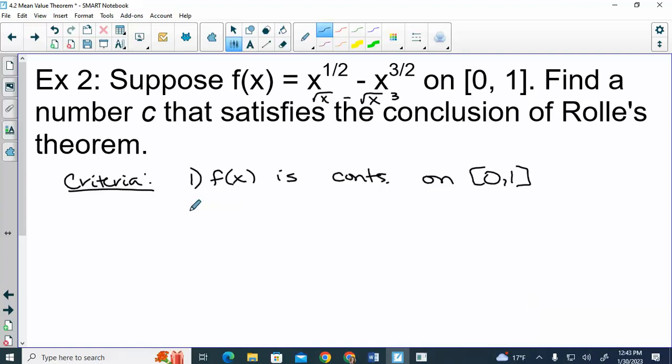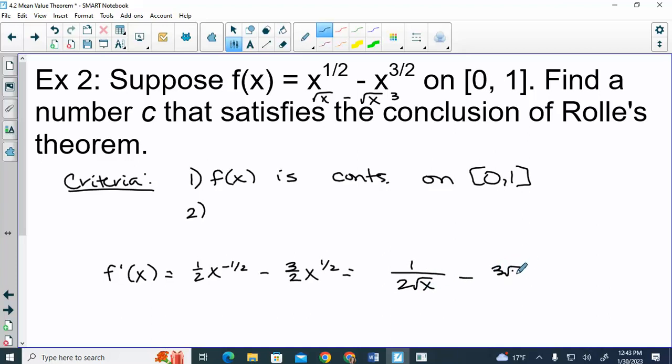Second thing, it has to be differentiable. So let's find that derivative and make sure it works. The derivative of this function would be what? This is like saying 1 over 2 square root of x minus 3 square root of x over 2.